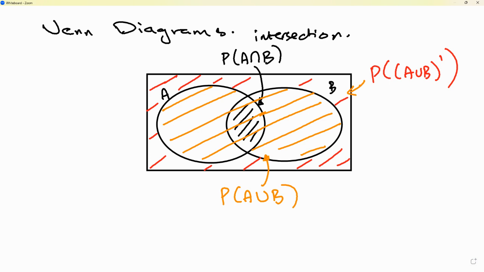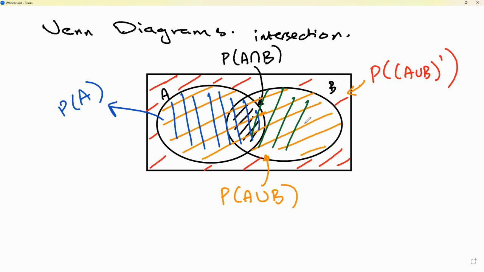The next thing is if I look at it individually, I can see this here is the probability of A. And this part over here is just the whole of B, probability of B. Now, the intersection is where they overlap.